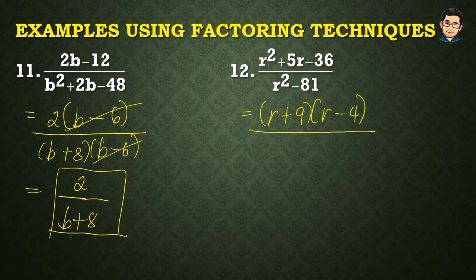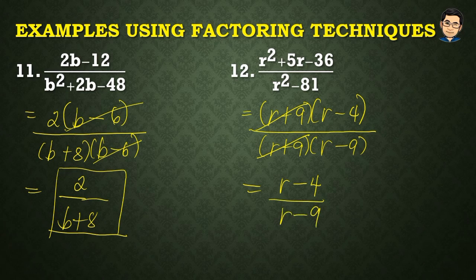Next, all over, so factoring difference of 2 squares, r squared minus 81, magiging r plus 9 times r minus 9. We can cancel out r plus 9, r plus 9. So, our final answer will be r minus 4 all over r minus 9.